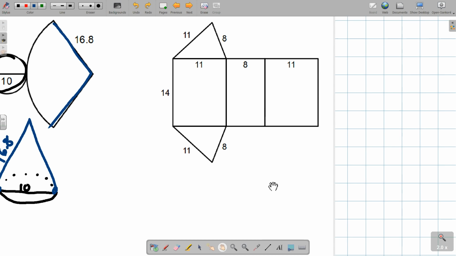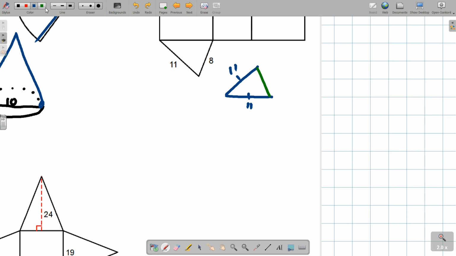This one is a triangular prism. If you were to fold this back, it would be like 11 and 11. Notice it's isosceles. That edge, 8. I'm going to drop it down. That's 11.